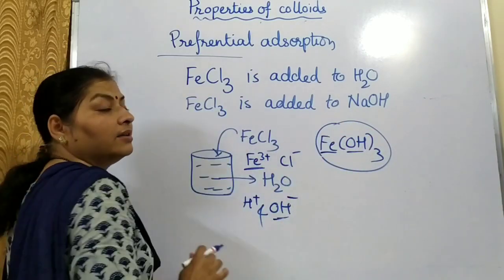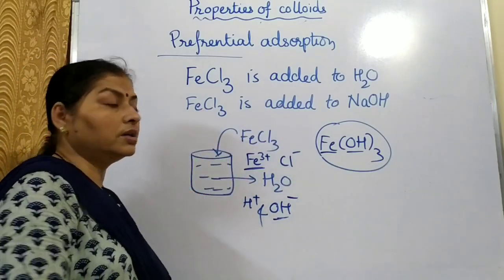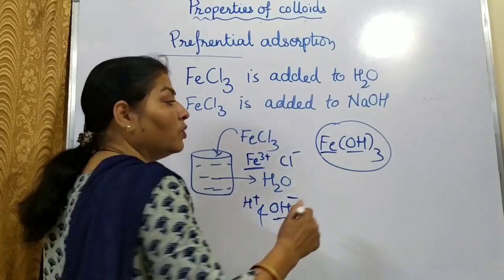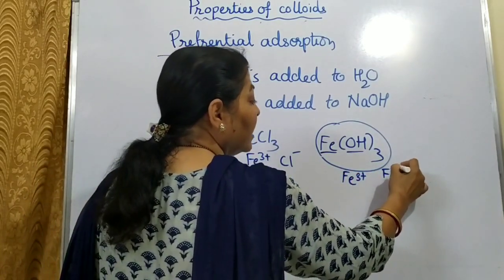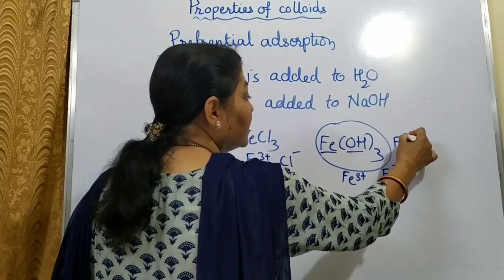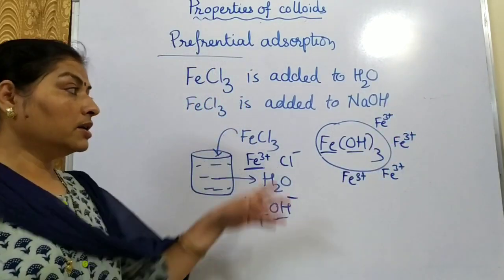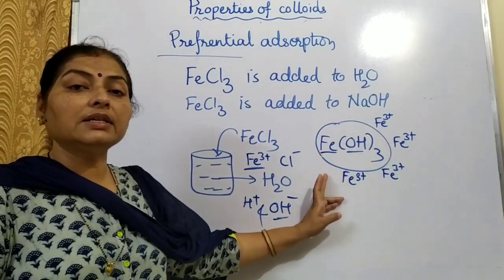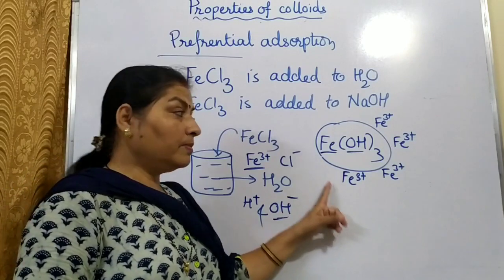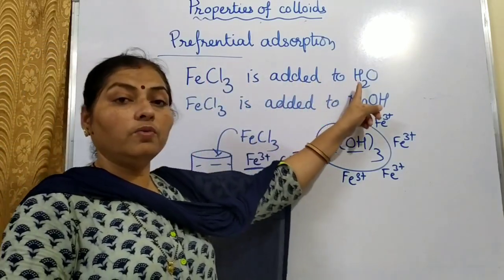So Fe ion will be available, though FeCl3 has been added to water, but still Fe ions will be more in number, and so adsorption of Fe3 plus ion will take place on the surface of Fe(OH)3 salt. Clear? So which charged salt will be formed in this case? Positively charged salt. Positively charged salt is formed when FeCl3 is added to water.